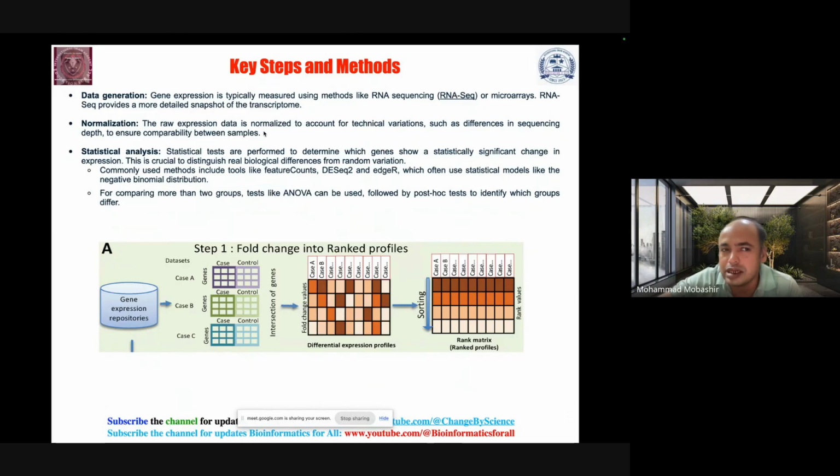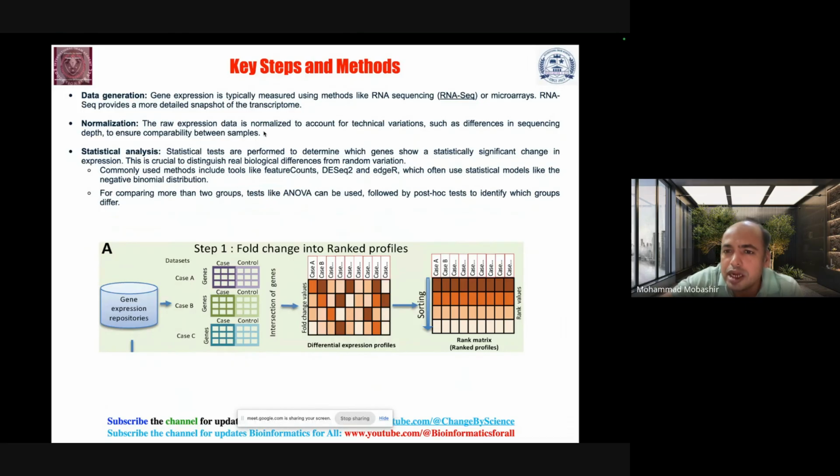Now, statistical analysis. This is quite important and very useful to understand. Statistical tests are performed to determine which genes show a statistically significant change in expression pattern. This is crucial to distinguish real biological differences from random variations. Commonly used tools include featureCounts, DESeq2, and edgeR, which often use statistical models like the negative binomial distribution.